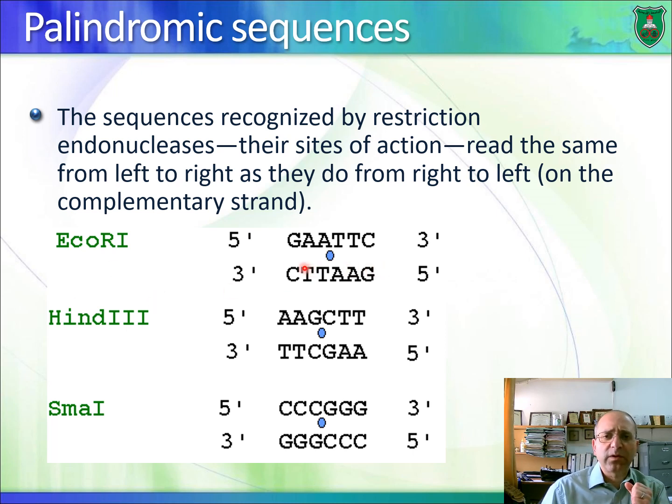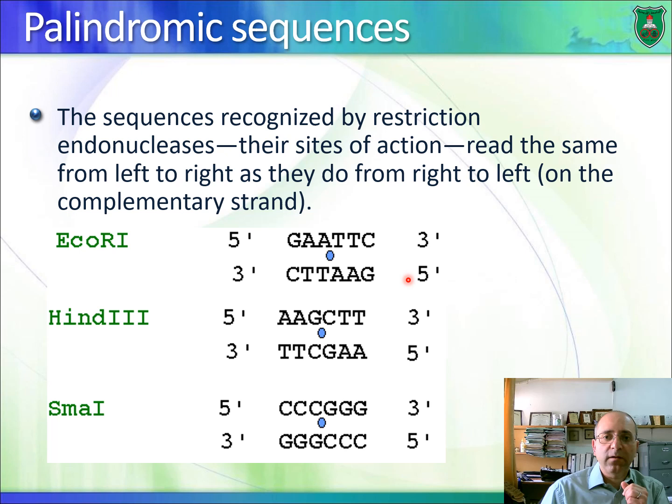So notice what the sequence is. It's GAATTC. Now you don't have to memorize these sequences and enzymes, but you will memorize this one because we'll talk about it a lot. So that's EcoR1. That's 5' to 3', GAATTC.